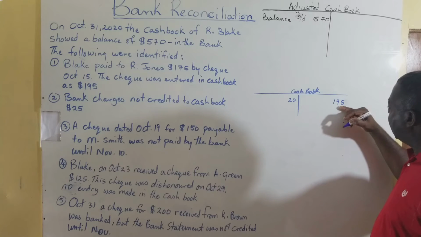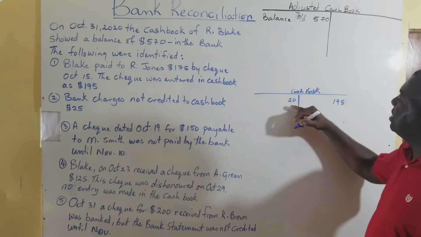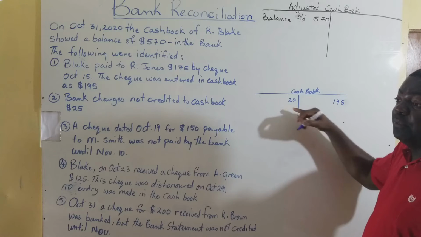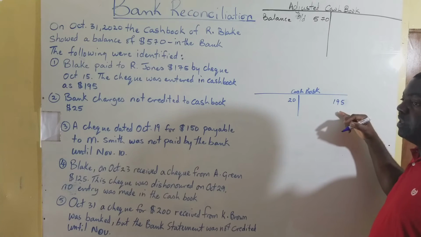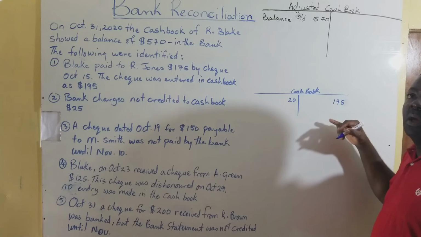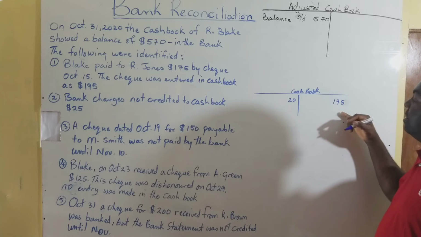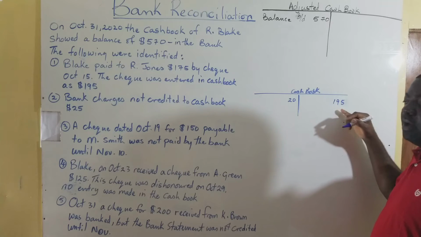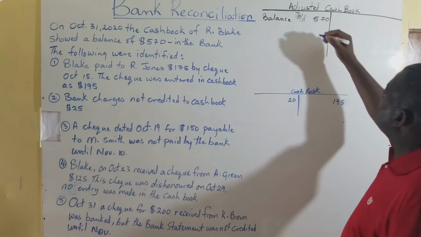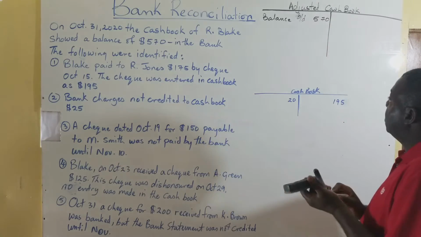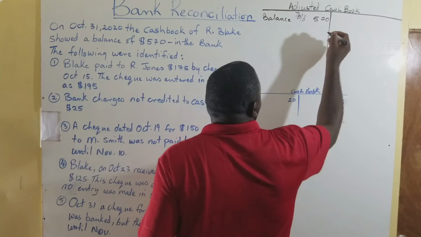So we're taking out the excess and we'll put it on the debit side so that it will reduce the overpayment in terms of the figure that was recorded here, right? Overstated. So we go to the cash book now that we're adjusting, and we're going to write the 20 here.